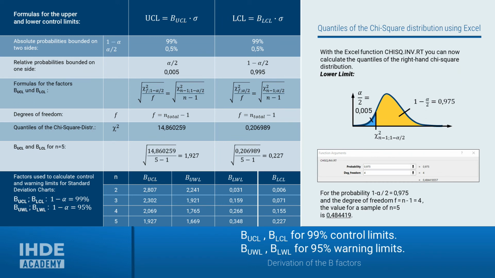If the probability of non-interference changes from 99% to 95% for the warning limits, then the b-factors also change. As shown here, the tables for calculating the limits of a standard deviation chart therefore contain different b-factors for the lower and upper control limits and for the lower and upper warning limits, depending on the sample size.